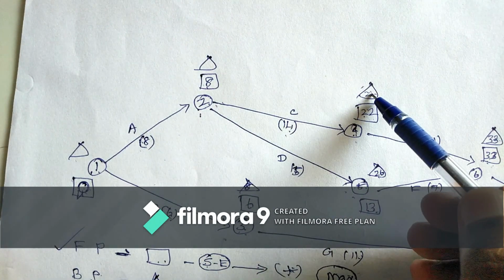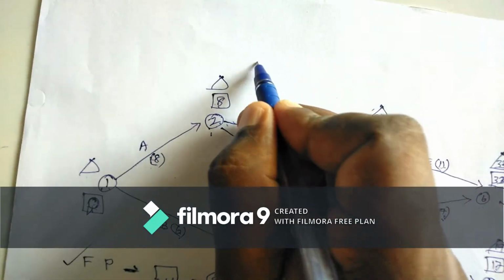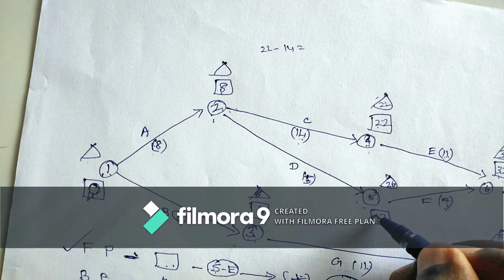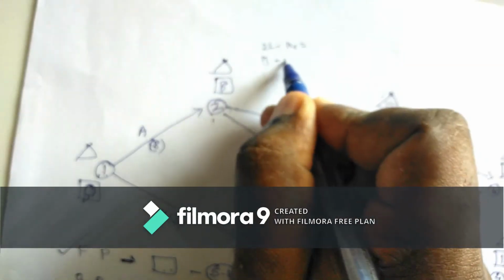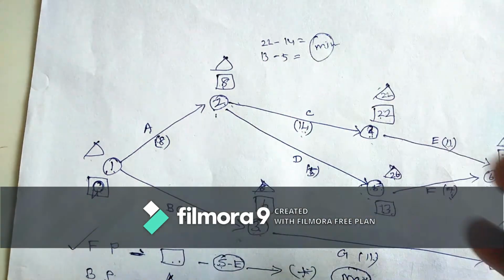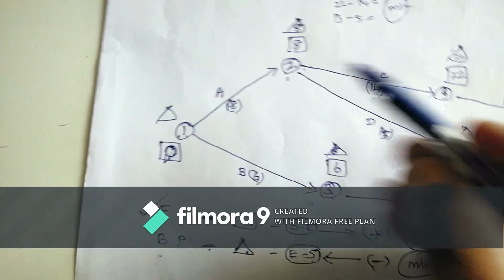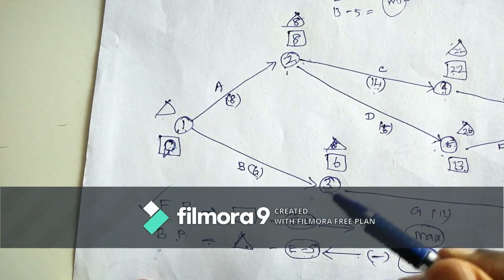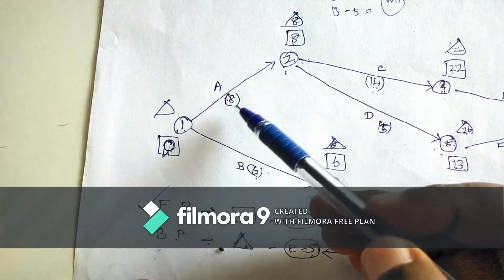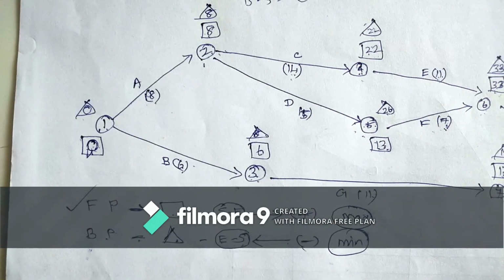So 22 minus 14 is one value, 13 minus 5 is another value. We have to pick the minimum value. So the minimum value is 8. And the last one, here also two values. Here 8 minus 6, 2. Here 8 minus 8, 0. So the minimum value is 0.